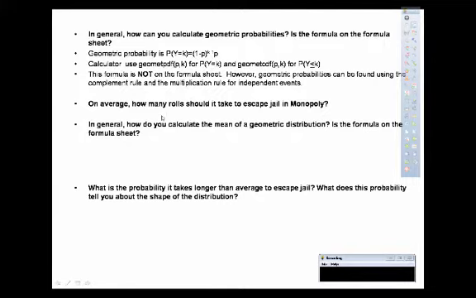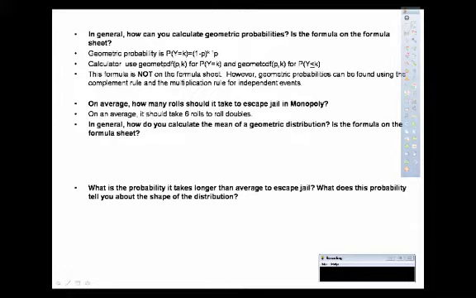All right, so on average, how many rolls should it take to escape from jail in Monopoly? That's if you don't have a get out of jail free card. On average, it takes 6 rolls because our probability is 1/6. In general, how do you calculate the mean of a geometric distribution?